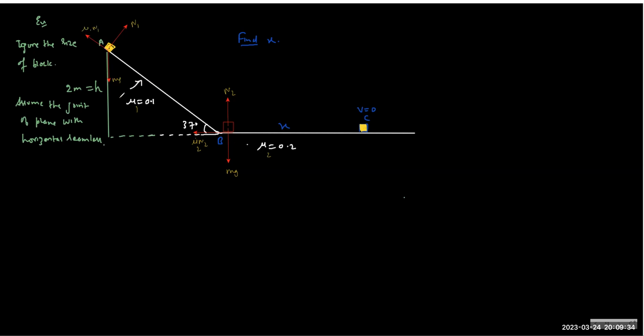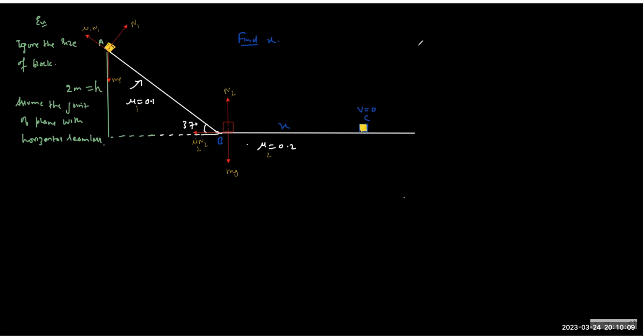Okay. So if you look at the forces, we have three forces for both the planes. And you can also realize one thing, that the normal is not doing work at all. So no matter whether you're on the inclined plane or on the horizontal plane, normal is doing zero work, right? So for the entire journey, do we need to write the work done of N1, N2? The answer is no, sir, no need to write.